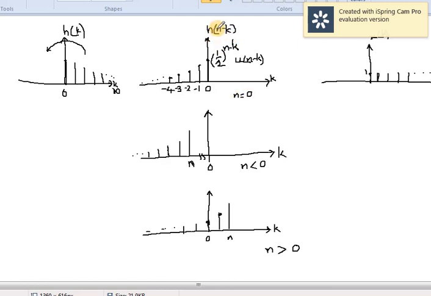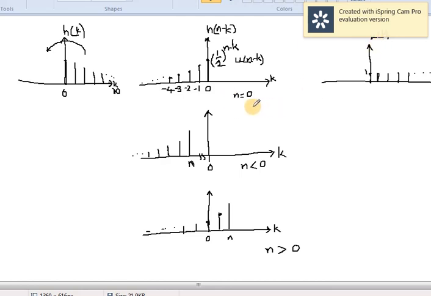So h of minus k is just a time reversed version of h of k. Let's represent it as h of n minus k by considering n as 0. Now this is our h of n minus k signal, and this is x of k signal.